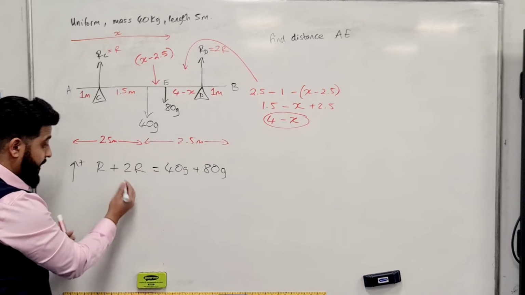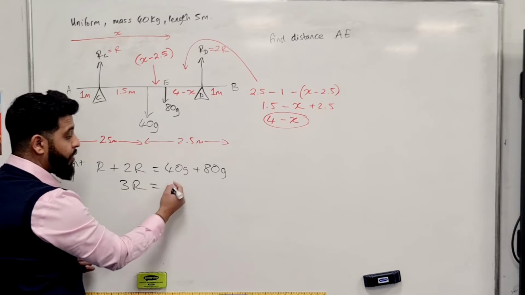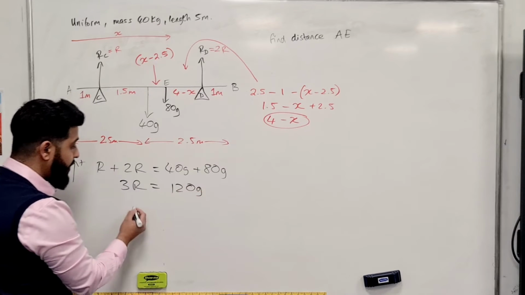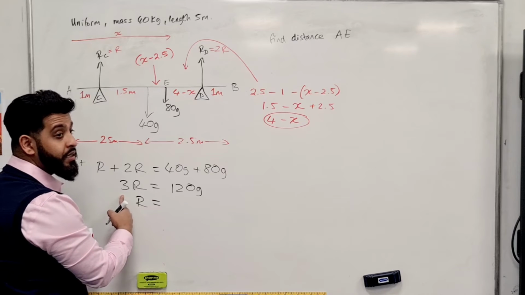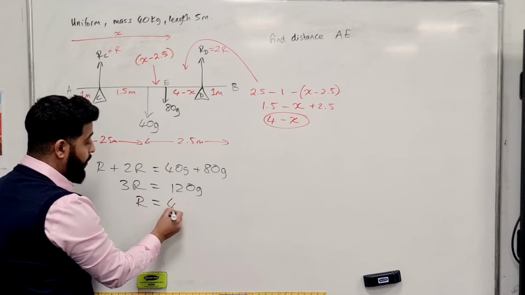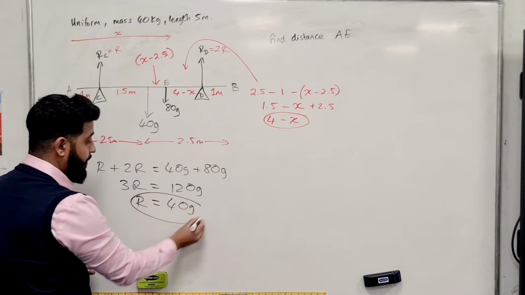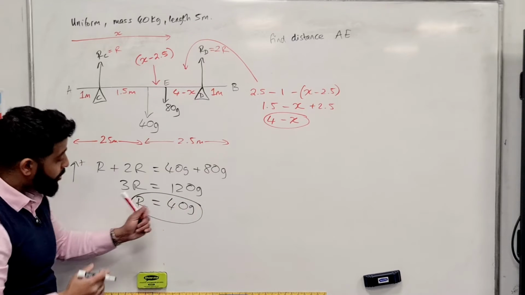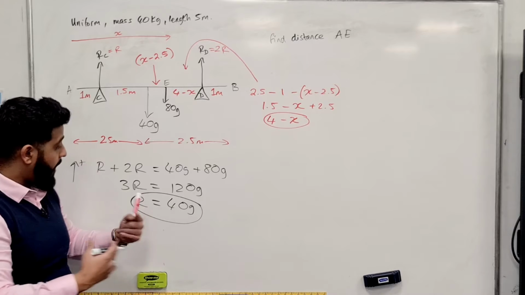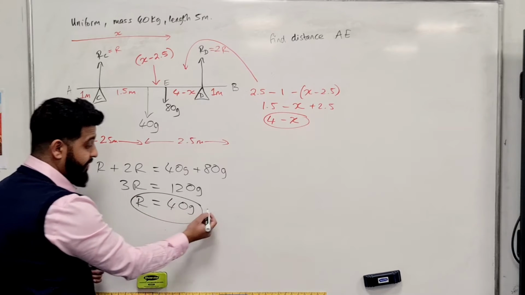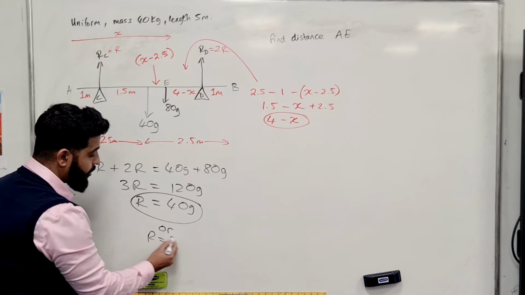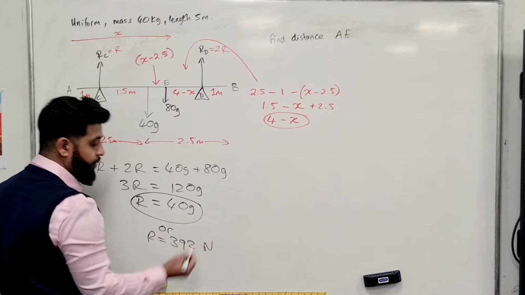So now we tidy up. We have 3R is equal to 120g, and therefore R would be equal to 120 divided by 3, which is 40g. Again, you could calculate the g's, so you can put that into calculations for 40 times 9.8. 392 newtons.